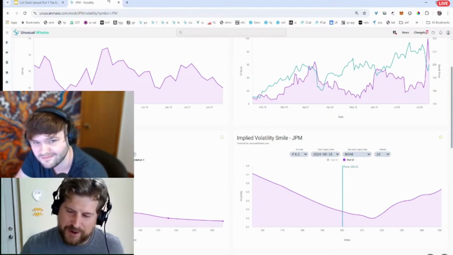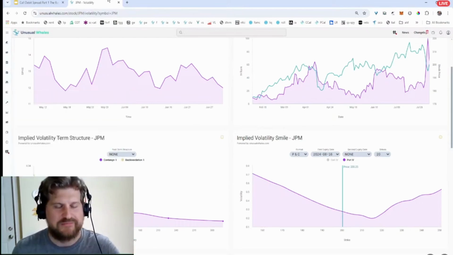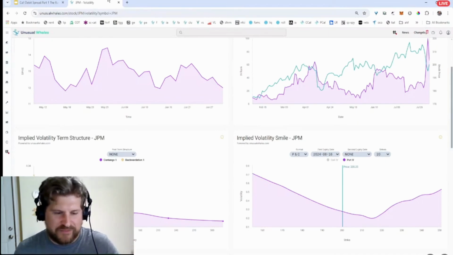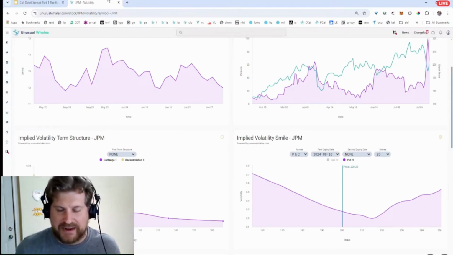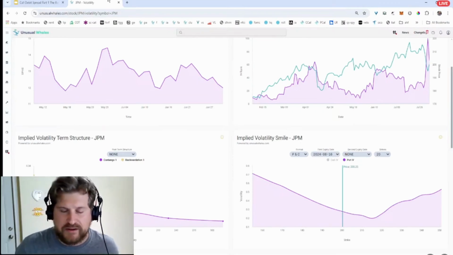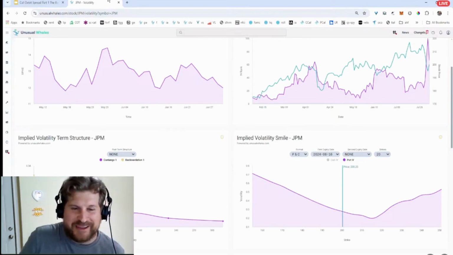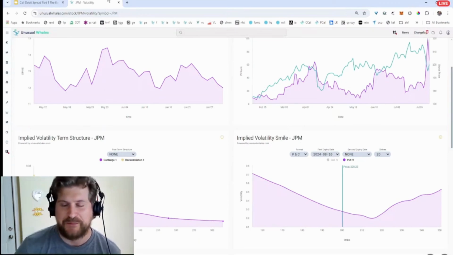Especially if you're willing to size up a little bit and trade SPX, or be patient and wait a little for a fill on XSP, which is like the one-tenth size SPX. Those are cash settled, so you can make your bet and go do something else during the day.